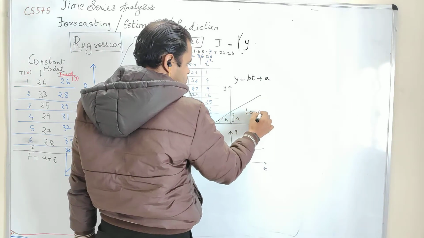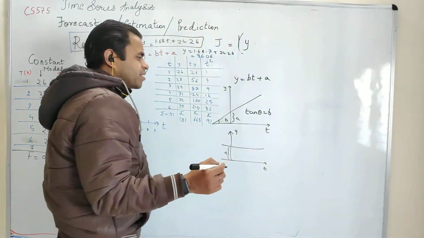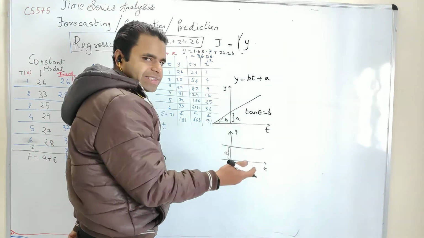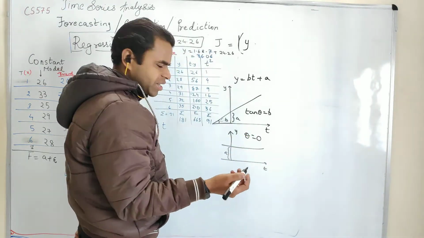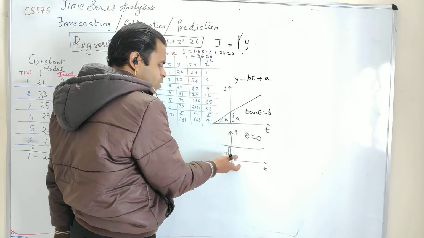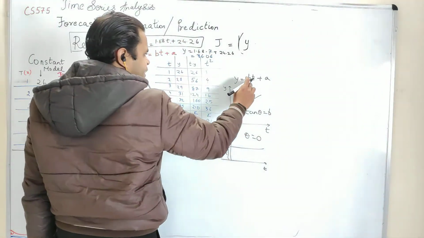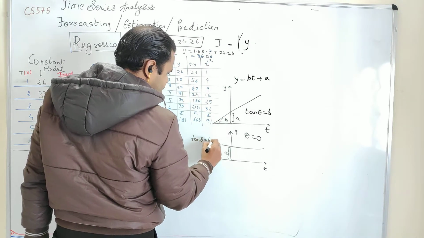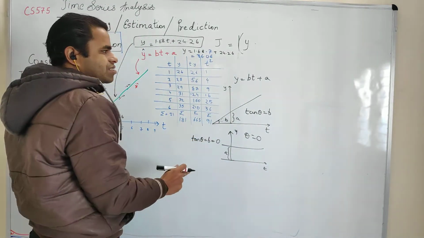Since this line never intersects the x-axis, theta is equal to 0. This line makes no angle with the x-axis. So tan theta is equal to b is equal to 0, that means b is 0, or the angle is 0.